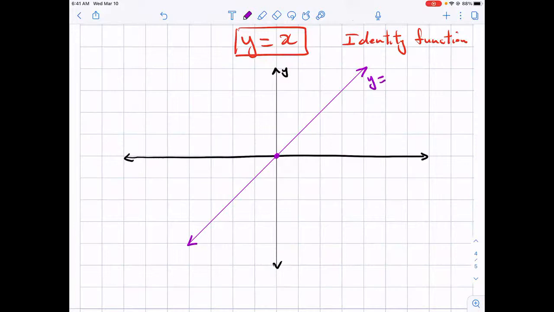This is y equals x. So if this is 1, this has to be 1. If this is 2, this has to be 2. If this is -1, this has to be -1. If this is -2, then this point here has to be -2, and so forth.